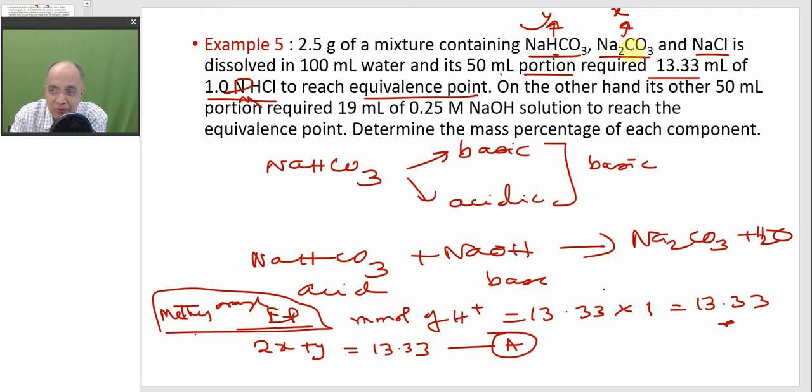So 2x plus y is 13.33. On the other hand, the other 50 ml, because of 100 ml, 50 milliliter is gone, another 50 ml required 19 ml of 0.25 M NaOH. So this is the first iteration.